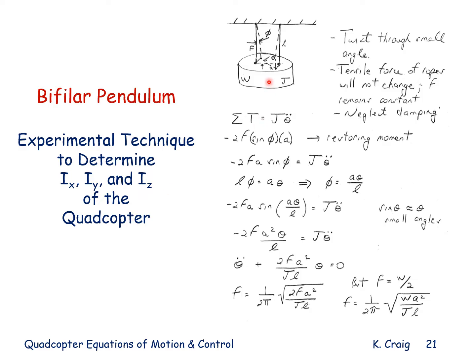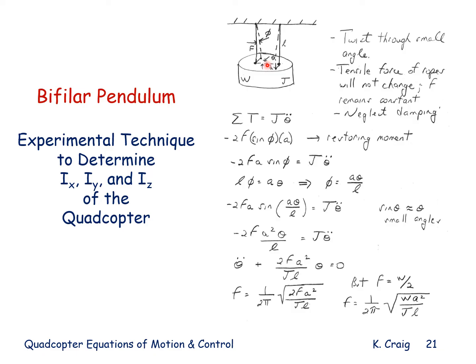I have an object, any object of weight W, that I wish to find the mass moment of inertia for about an axis, a vertical axis, through the CG of the object. I suspend the object using 2 strings parallel to each other and parallel to the z-axis through the CG of the object, a distance a from the CG of the object.